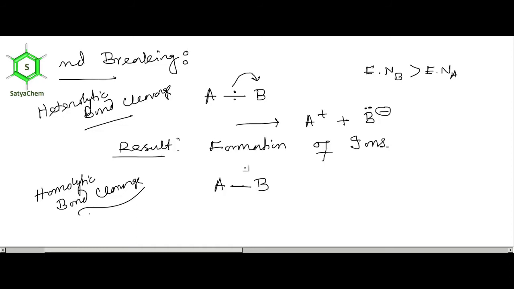Then it may happen that one bonded electron is transferred to B and the other bonded electron is transferred to A. I am indicating the bonded electron pair by red dots. So we'll get A dot and B dot. These are free radicals. So here the result is formation of free radicals.